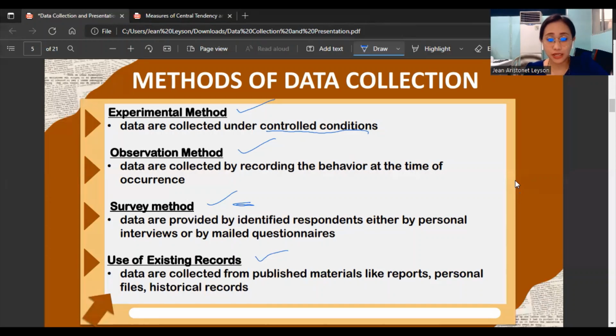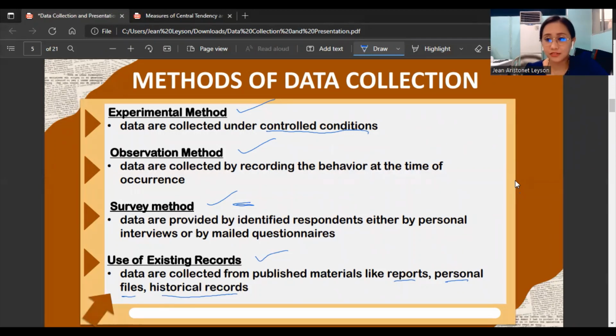Next, we have the use of existing records. Data are collected from published materials like reports, personal files, historical records. So this is another way of collecting data wherein you just have to base your data on existing records like reports, personal files, and historical records. So let's say you want to know the population in a certain barangay or a certain municipality or city.